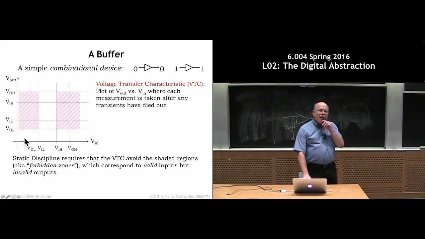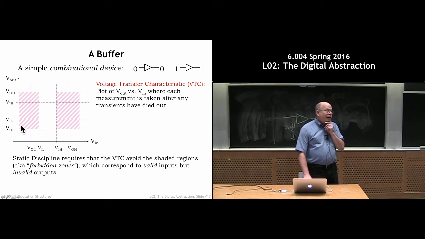Right. Remember that if I give an input in this range, any voltage that's less than or equal to VIL, what is the device required to produce after its propagation delay? If it's a valid digital input, a combinational device must produce a valid digital output. So a valid digital output is a voltage less than VOL or greater than VOH.